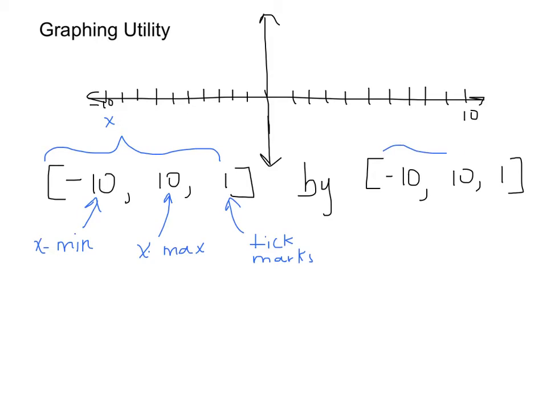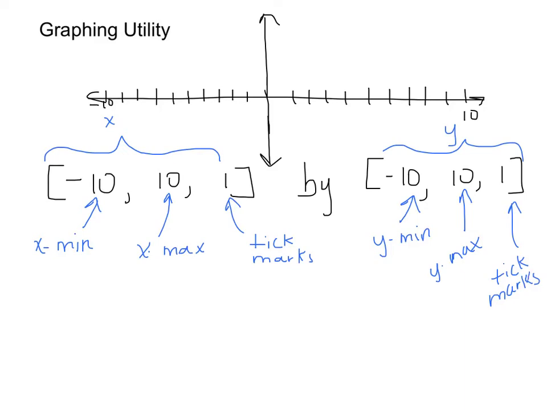So this is your y minimum, your y maximum, and that's your tick marks for your y coordinates. So that means you're counting by 1. So you always want to make sure you look at this, because sometimes they'll use another number.